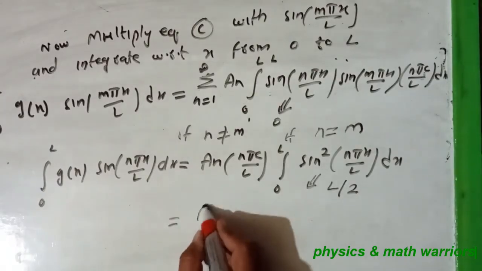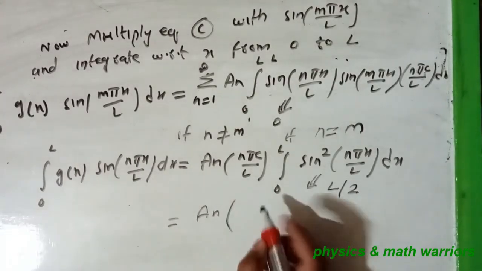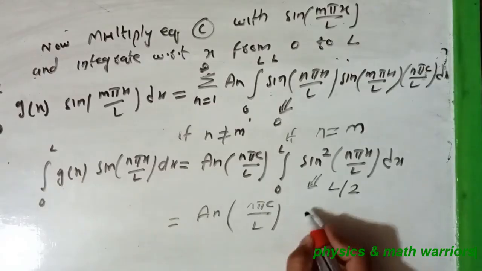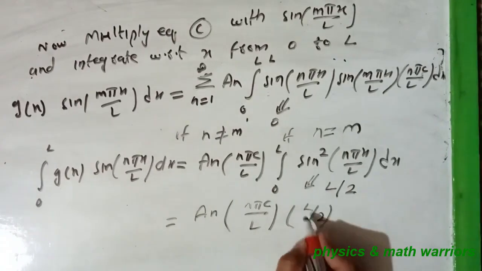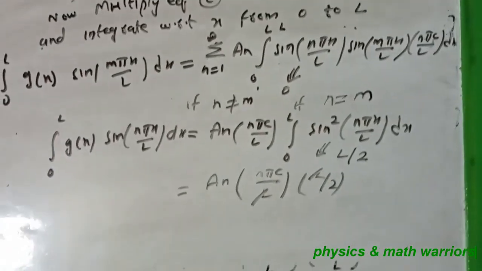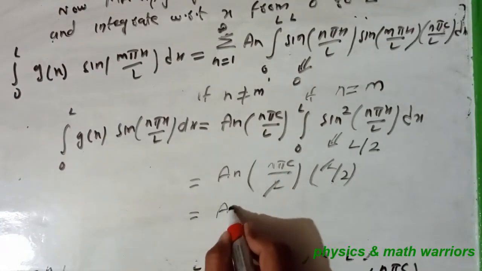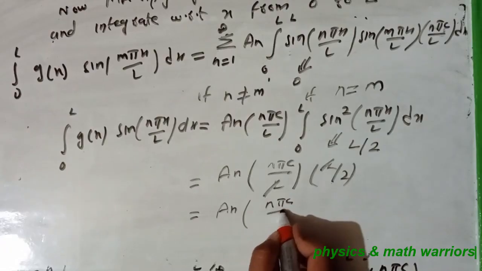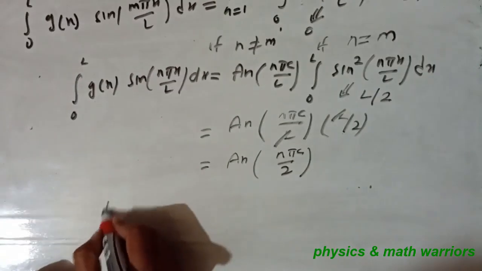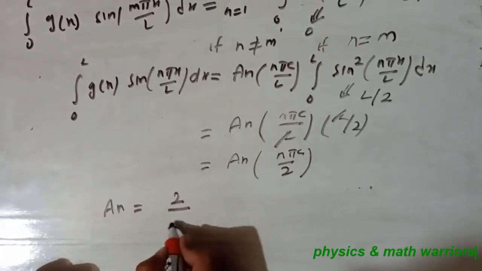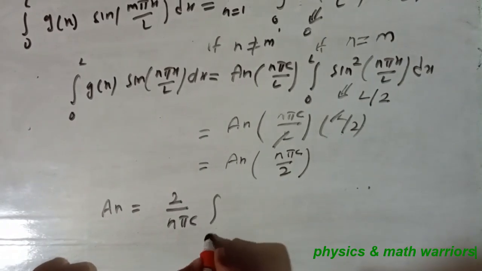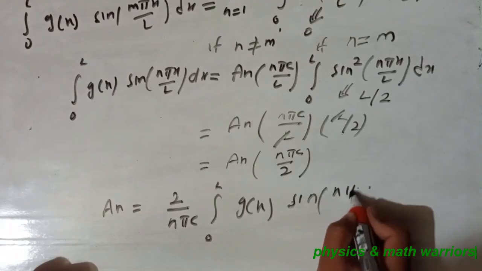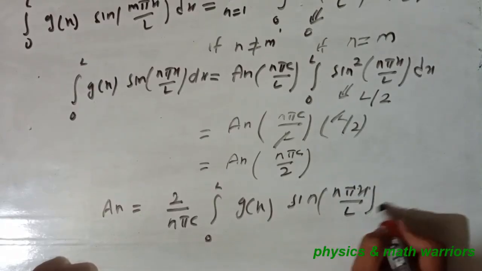So this becomes an times n pi c over L multiplied by L by 2. L and L cancel out, so this becomes an multiplied by n pi c over 2. So an is equal to 2 over n pi c times the integral from 0 to L of g of x sin(n pi x over L) dx.